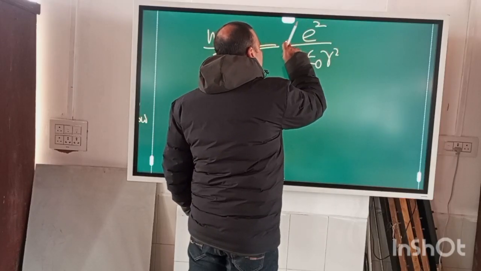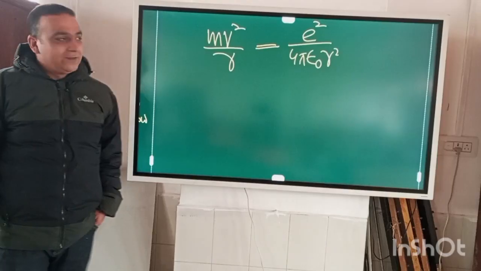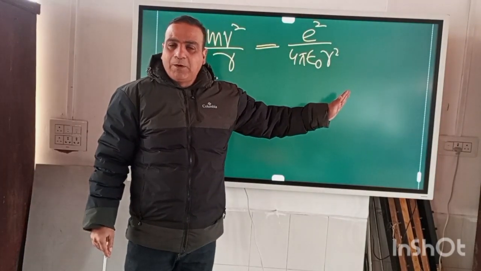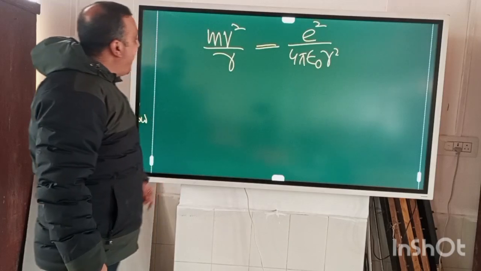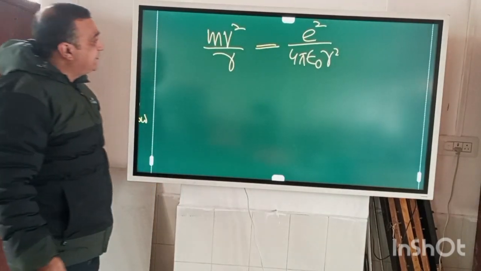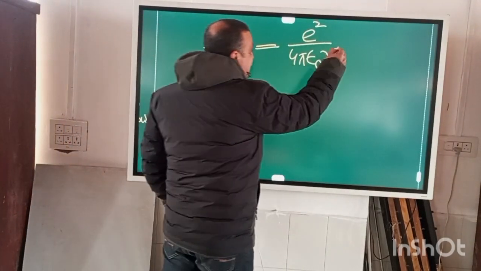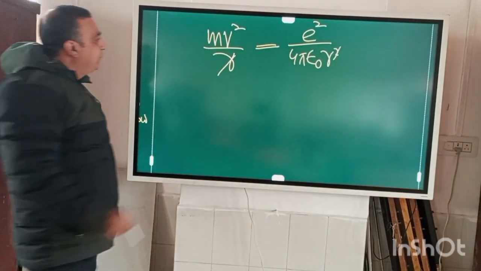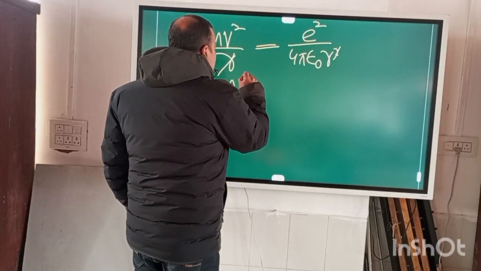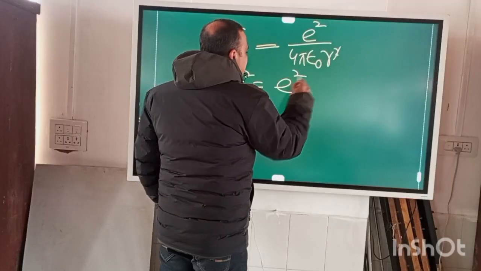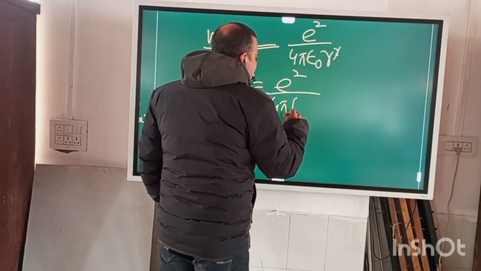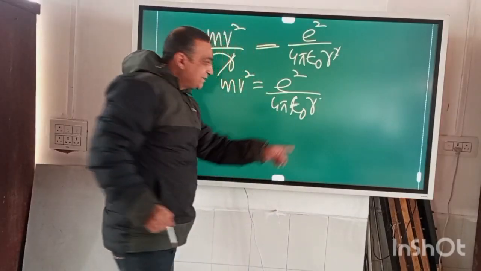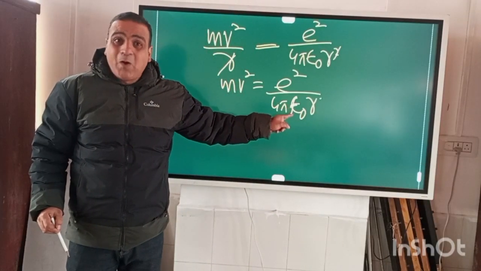I will choose only the magnitude. So this is the first argument of Bohr's model of hydrogen atom. You can see this r and this square will cancel, and you will have mv squared equal to e squared by 4 pi epsilon naught r. What is this r? This r is the Bohr orbit.